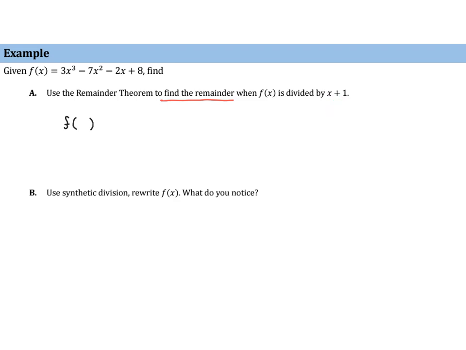So we'll substitute negative 1 in for x. So we'll have 3 times negative 1 cubed minus 7 times negative 1 squared minus 2 times negative 1 plus 8. So this is negative 3 minus 7 plus 2 plus 8, which equals 0.